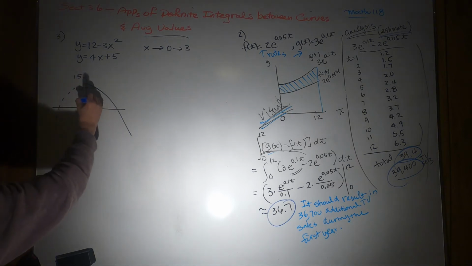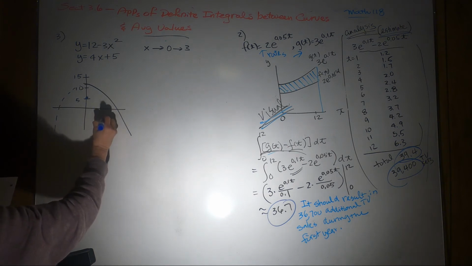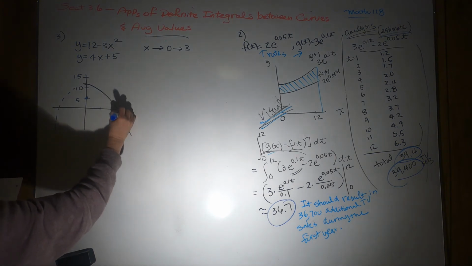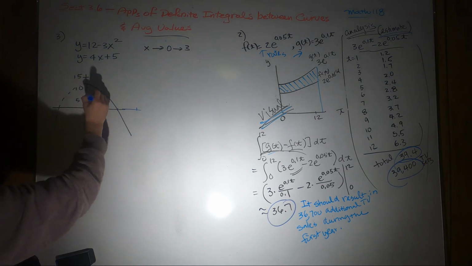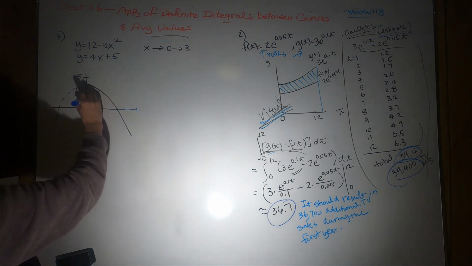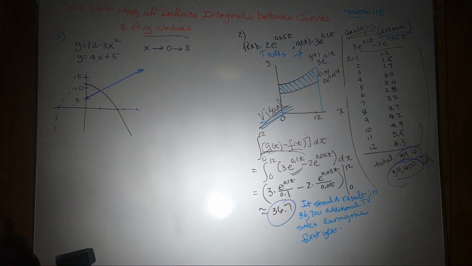So x is 0, y is 5. Okay, so something like that. Okay, so what do we have? We have this, right?